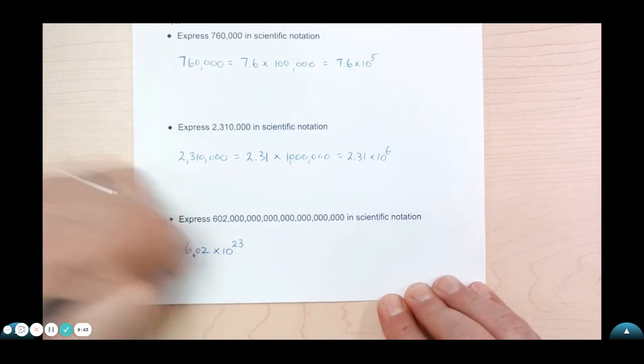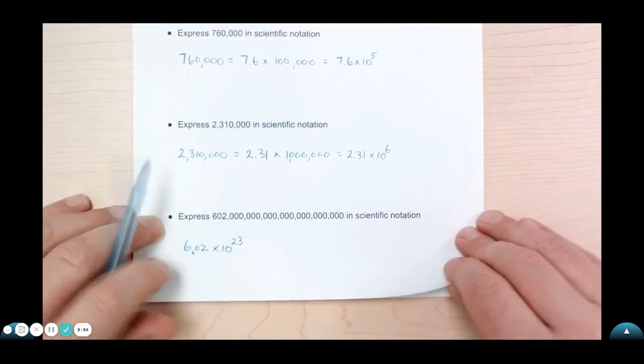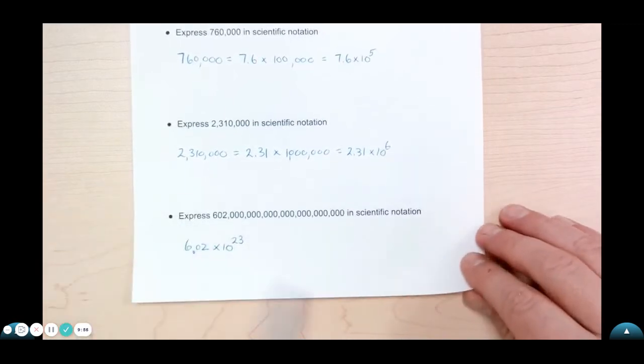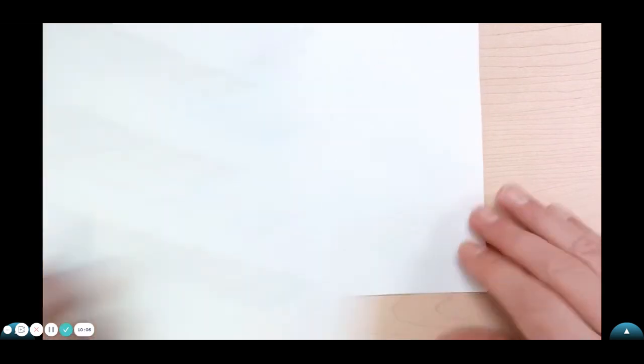Okay? Now you might think, never use a number that big. This is actually one of the more famous numbers in chemistry. So once you take a chemistry class, you're going to learn a lot about that. The shortcut is good, you guys. Just remember, the exponent, the power of 10, is how many times you have to move the decimal to get to a number between 1 and 10.